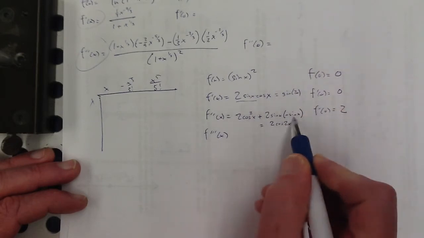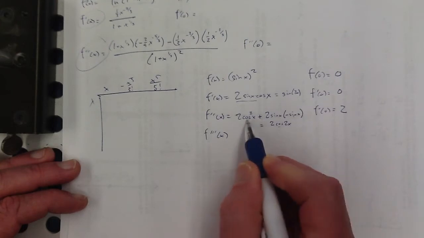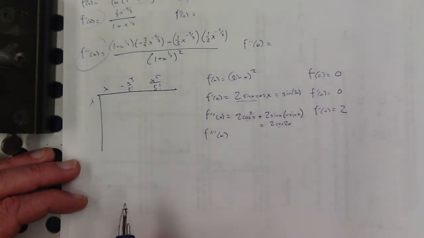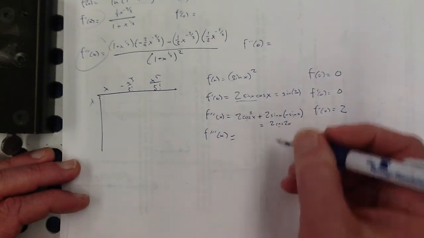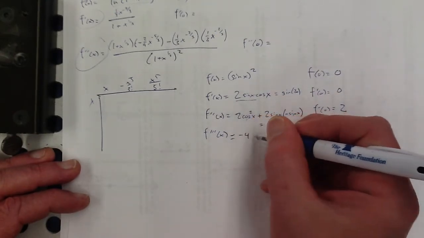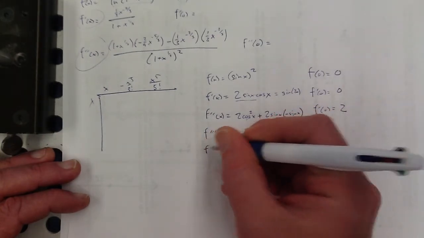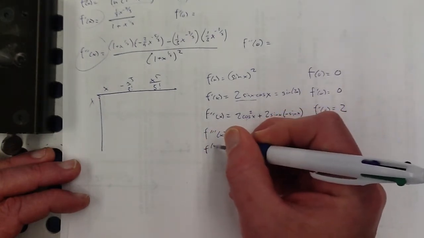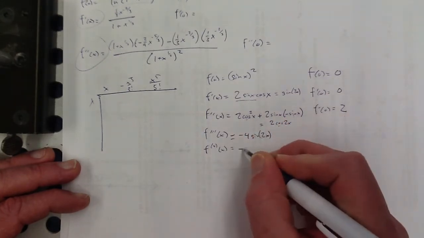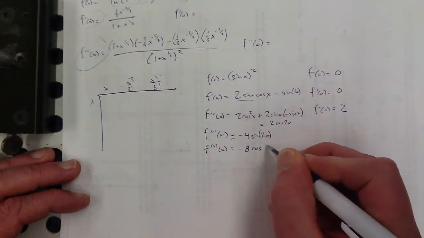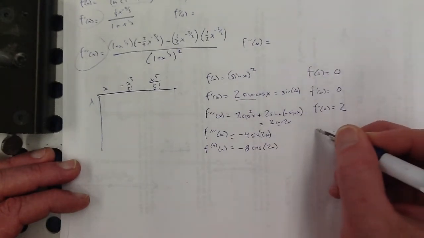So maybe you recognized here the cosine double angle formula, right? 2 times cosine squared minus sine squared. And then the derivative taking is way easier. Now it's just minus 4 sine of 2x. And then the fourth derivative is minus 8 cosine of 2x.